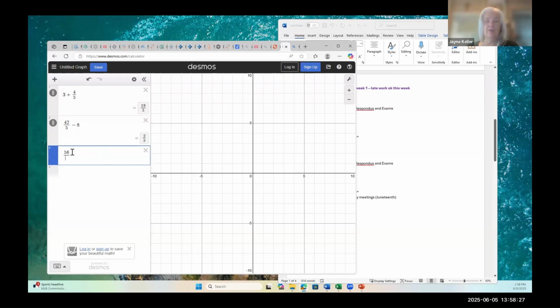So 25 goes into 50 two times, and then you subtract 50 from 56, and you have 6, so 6 twenty-fifths. Exactly. Yes, you got it. That's exactly how those are done. Beautiful.